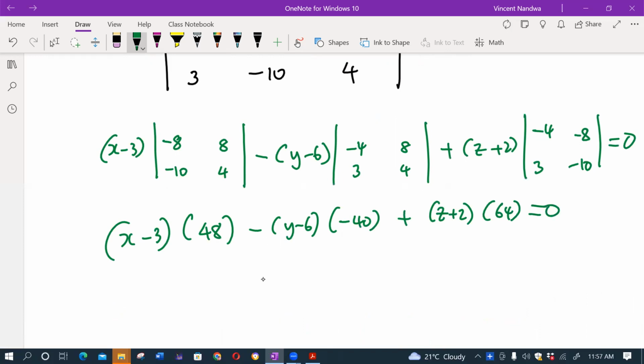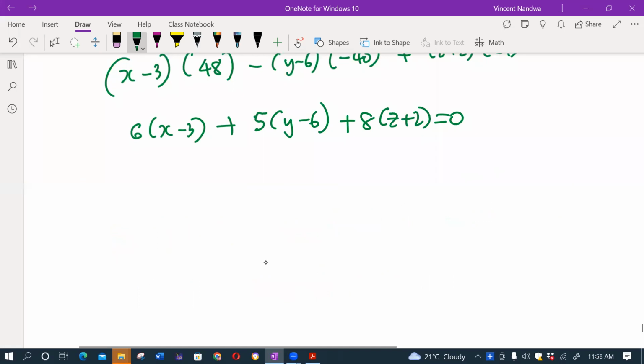So when you expand, in fact, you can divide through by 8, so that you'll have 6 into (x minus 3) minus, so minus would give us plus, and then 5 into (y minus 6) plus 8 into (z plus 2) equals 0.